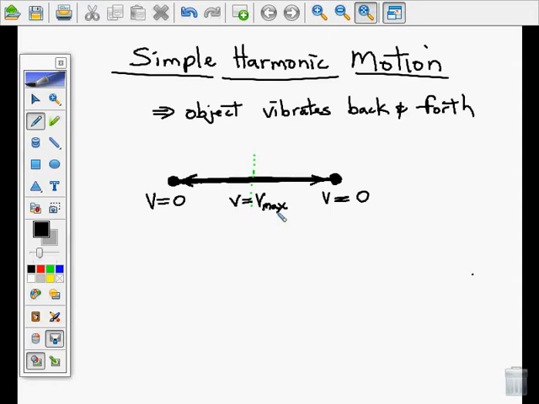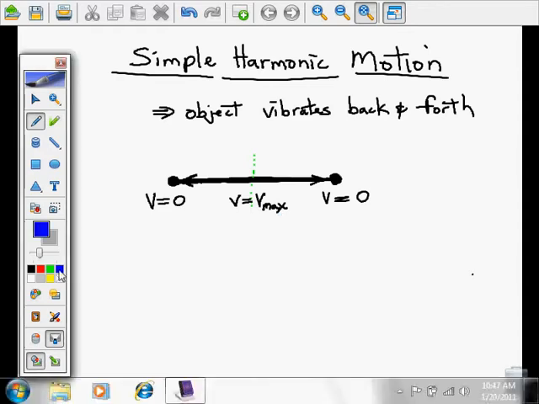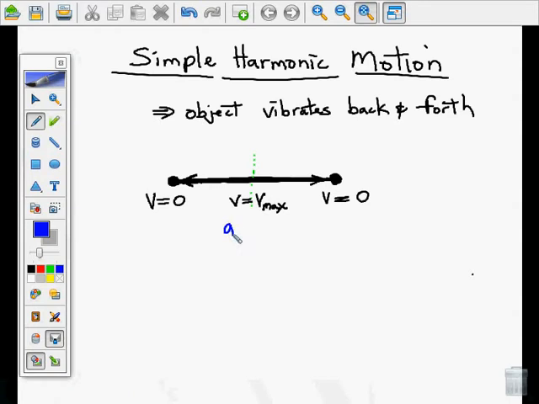Now, the acceleration, on the other hand, is just the opposite. The acceleration in the middle point, just for one instant, is 0. And then the farther you go away from that middle point, the greater the acceleration.